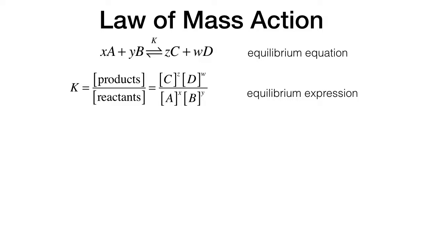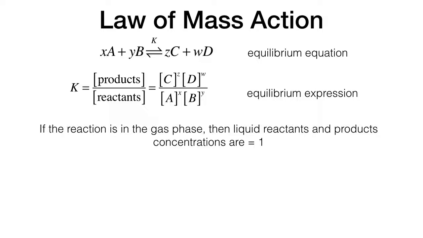If a reaction is taking place in the gas phase, then there is no gas phase concentration for those reactants and products in the liquid and solid state. So those concentrations are taken as 1.